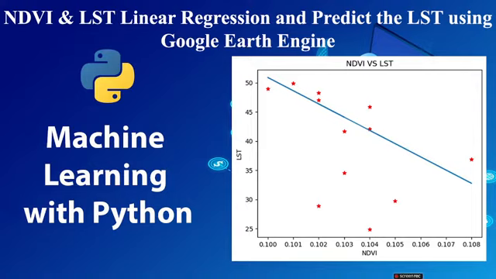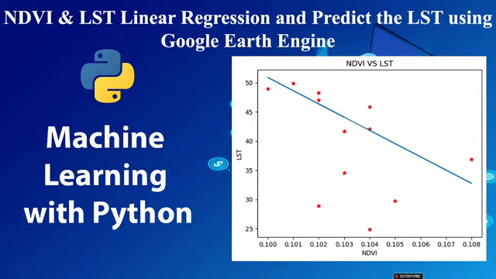I hope in this class you are able to learn all of the basic things of linear regression, and also learn how to use this to predict LST based on NDVI.